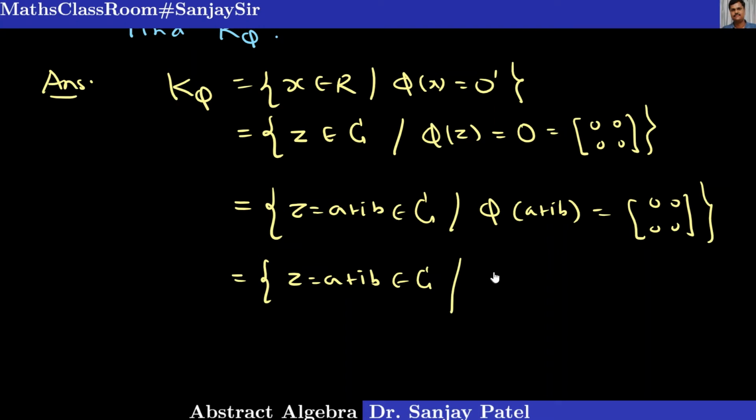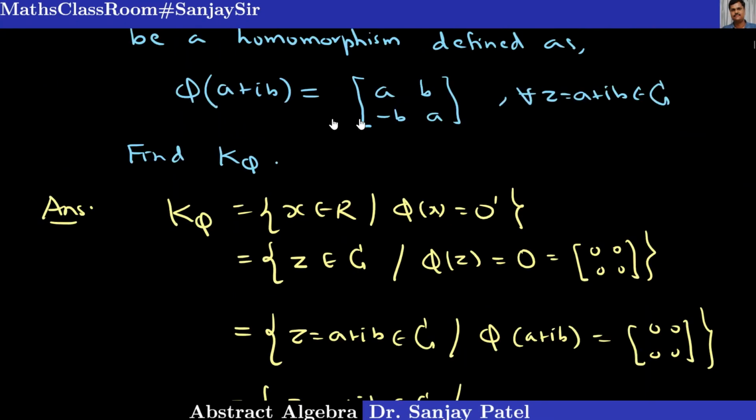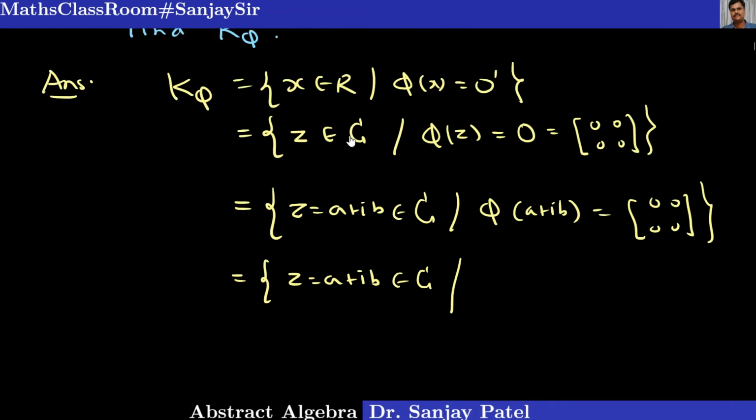By definition of phi, phi of a plus ib is the matrix (a b; -b a). So I can write this matrix, the value of phi of a plus ib, and the right hand side is the fixed matrix (0 0; 0 0). And these two matrices are equal if and only if all the corresponding entries are equal. So a equal to 0, b equal to 0, and this also gives a and b 0.